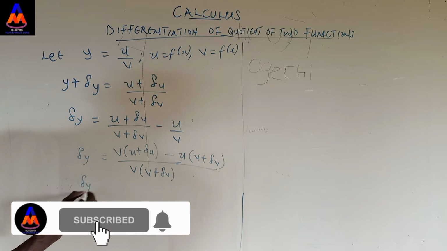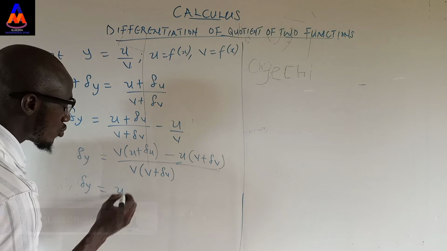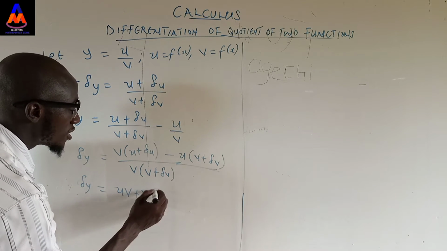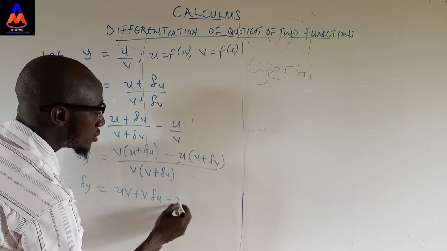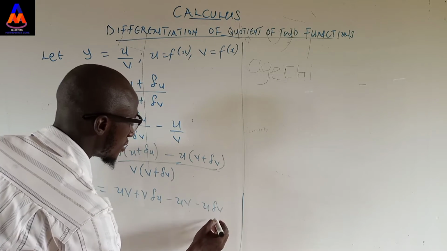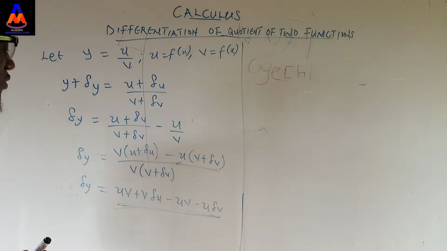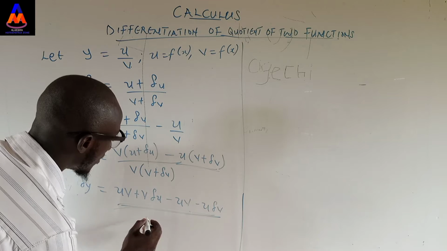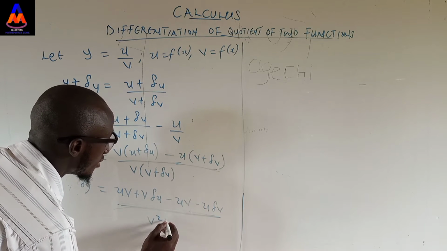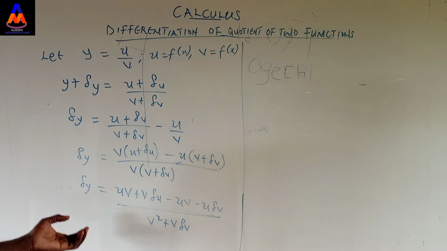You can expand this out: uv plus v change in u minus uv minus u change in v, everything divided by v squared plus v change in v. So that's what we have here.